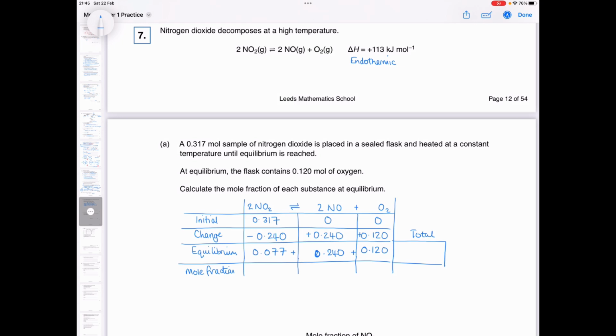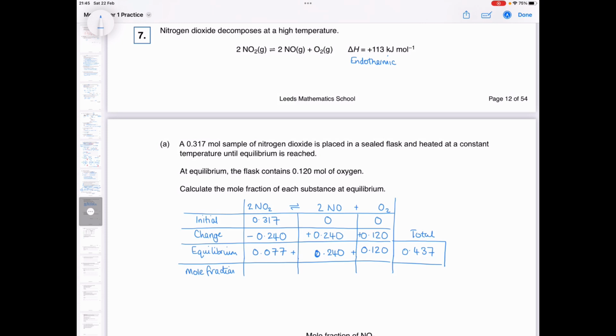So 0.077 plus 0.240 plus 0.120. So the answer to that is 0.437. So the mole fraction is the equilibrium moles divided by the total number of moles.